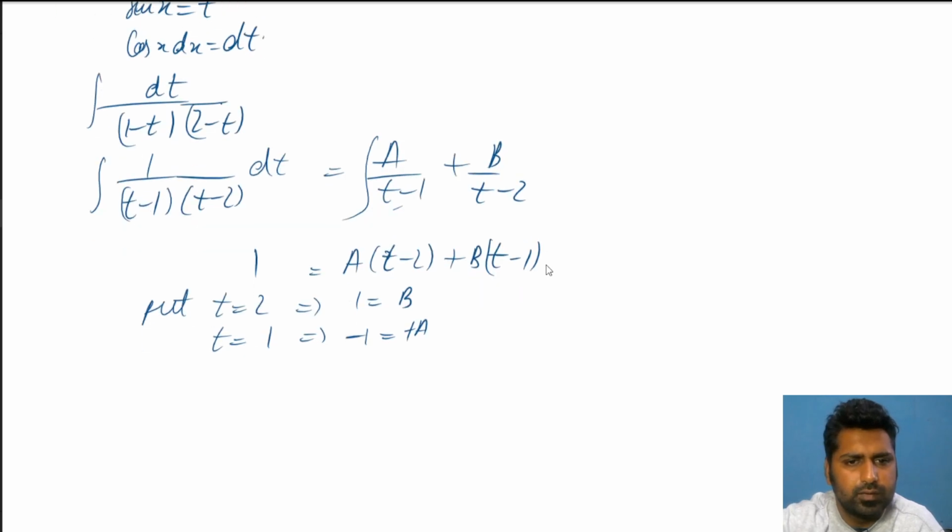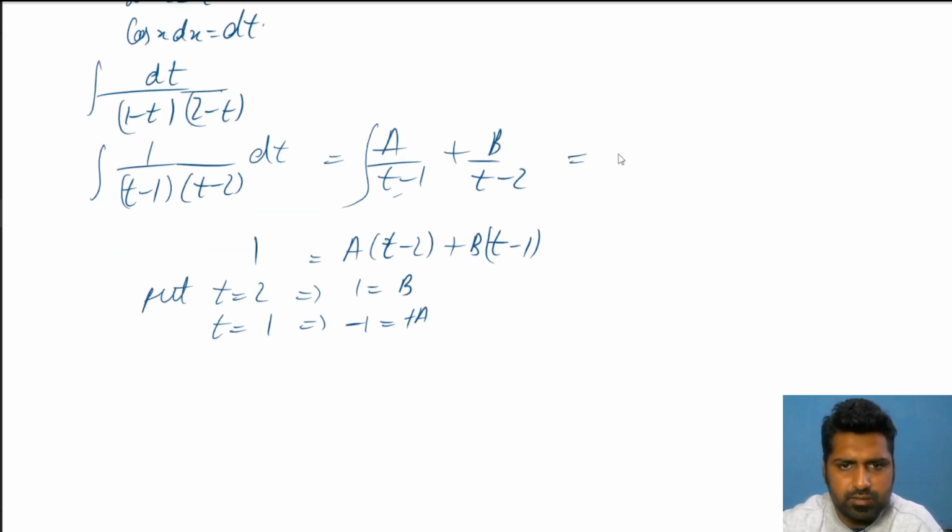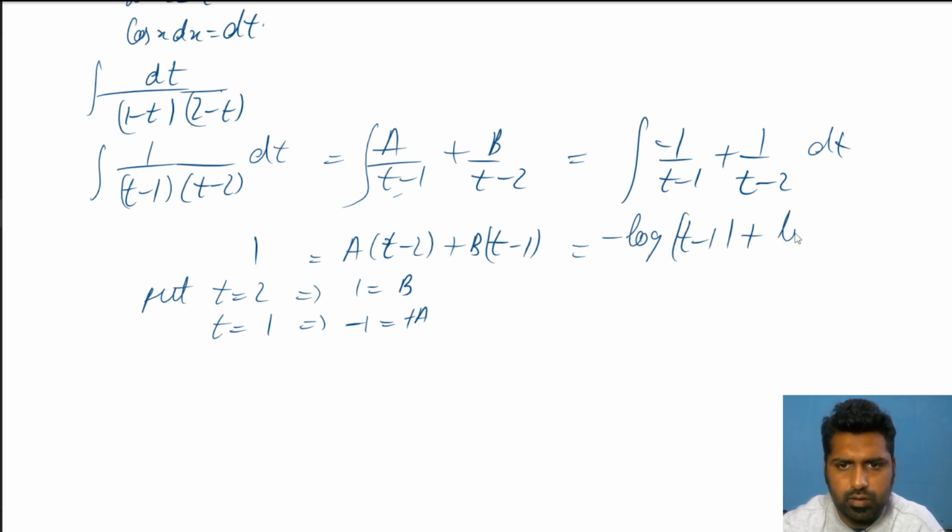Okay. So basically this integration becomes integration of minus 1 upon t minus 1 plus 1 upon t minus 2 dt. So that is minus log mod t minus 1 plus log mod t minus 2 plus c. Combine it, log a minus log b.